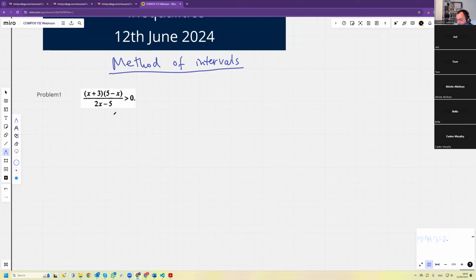So let's see, what do we have here? We have a fraction consisting of 3 binomials: x plus 3, 5 minus x, and 2x minus 5. Basically, we have a multiplied by b divided by c, which is greater than 0.